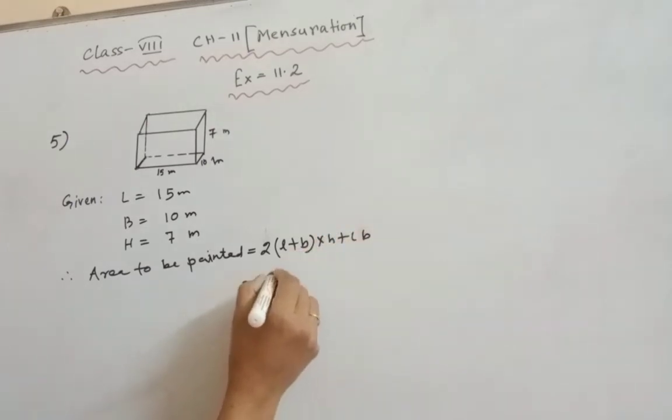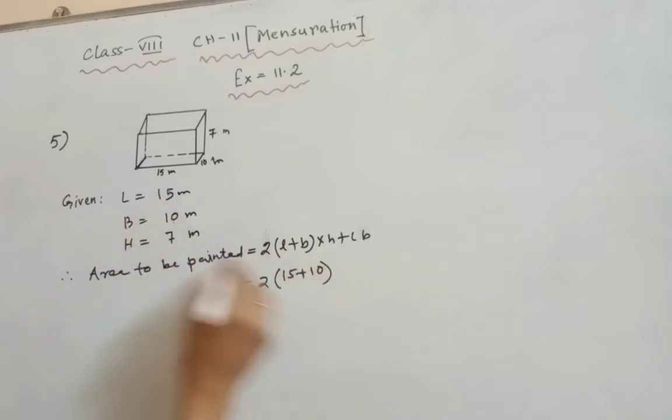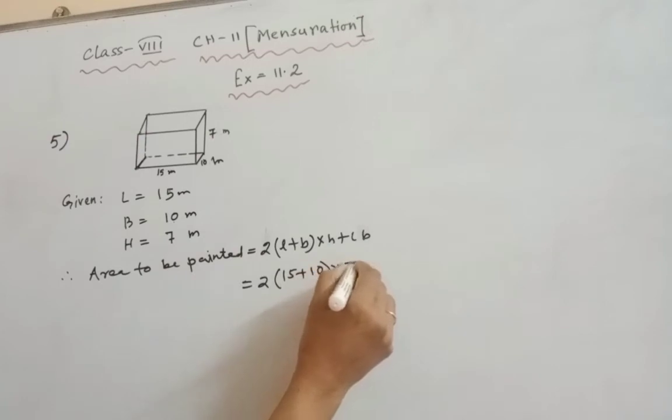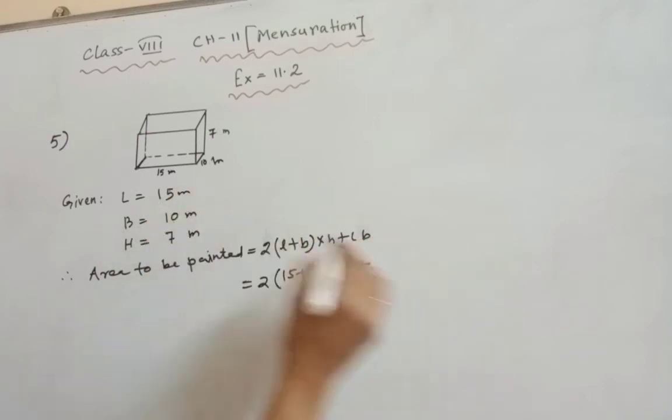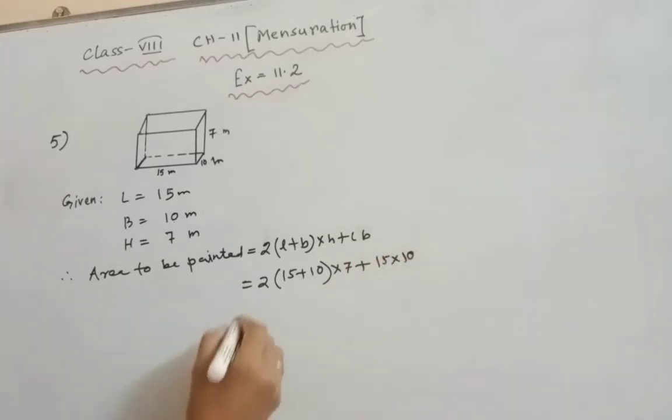Now 2 into (L plus B), length plus breadth 15 plus 10, into height, which is 7, plus length into breadth, 15 into 10 meter square.